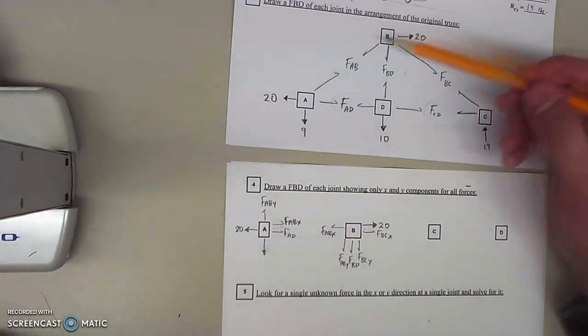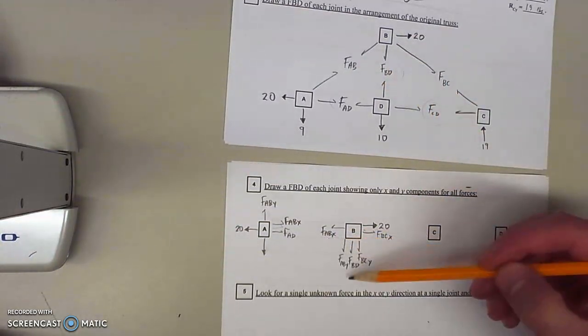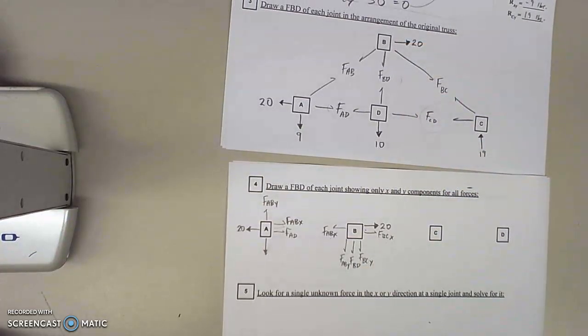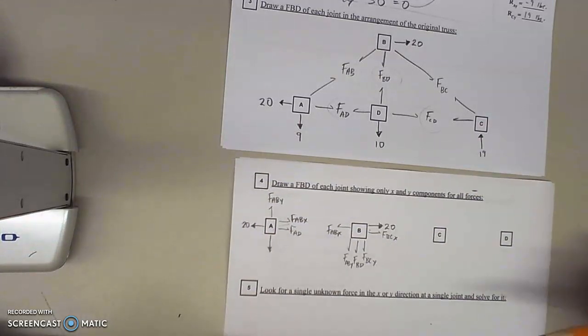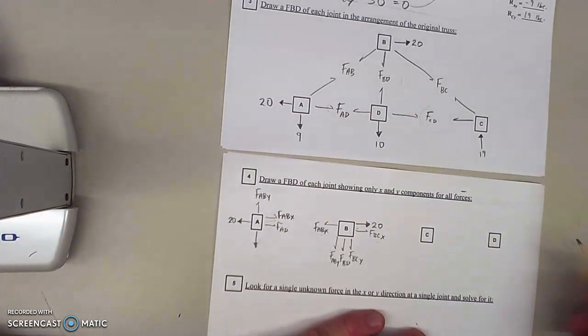So what I'm looking at is here's my 2 diagonal members, BC and AB. Those get turned into components. My member that's straight up and down, FBD, just stays as itself, and there's my joint B. Okay, this is a great part in the video to try to pause and maybe try to do some of these on your own before I show you the answers.